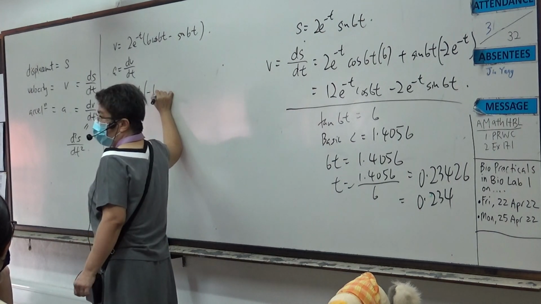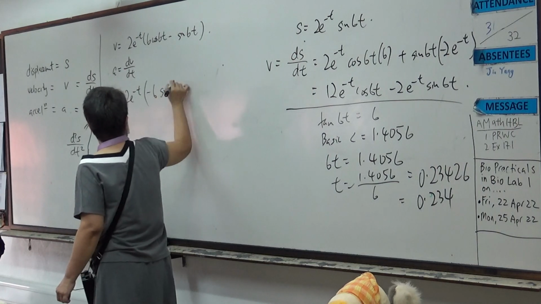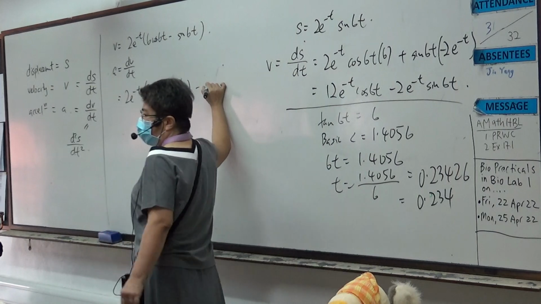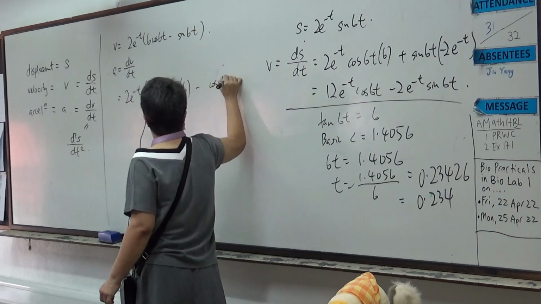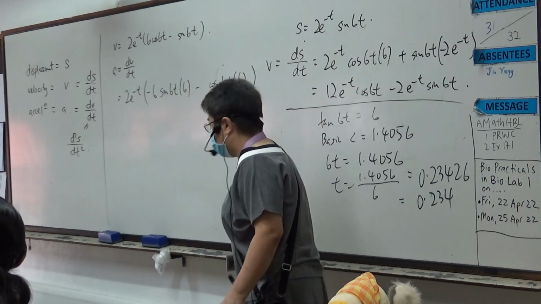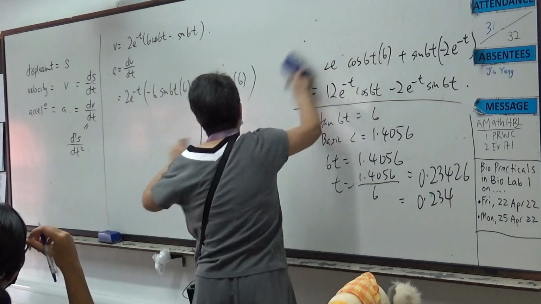Negative 6, right? Sine 6t times 6, right? Then minus what? Cosine 6t times 6, right? Everybody okay? I haven't finished yet, you know. Some people after here will think they're finished already, haven't. So how? Plus what?